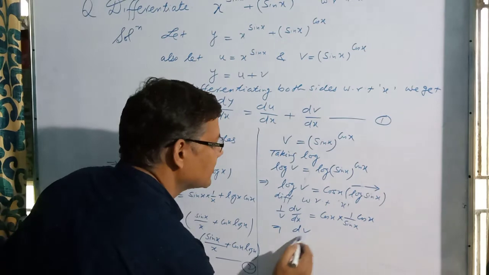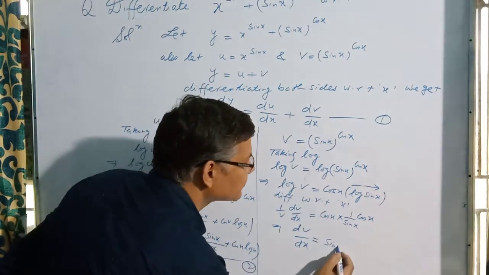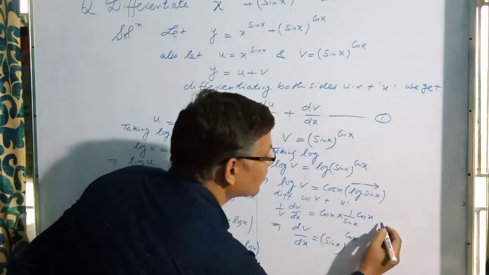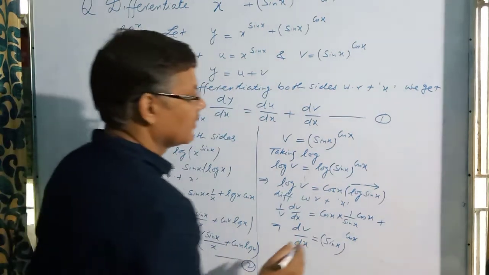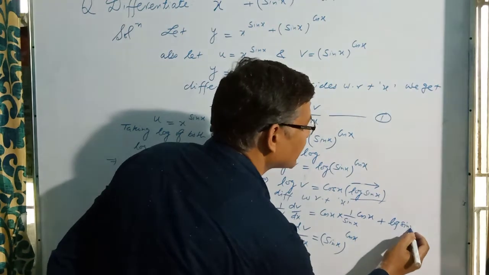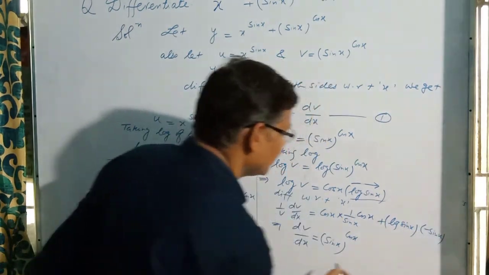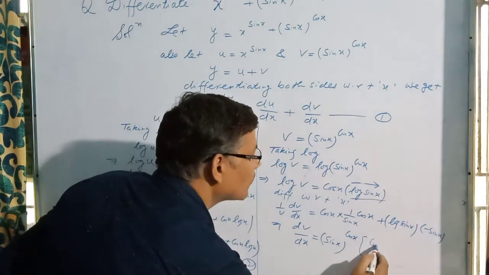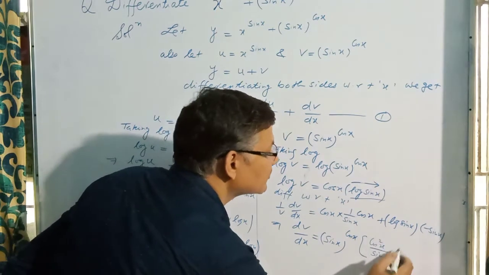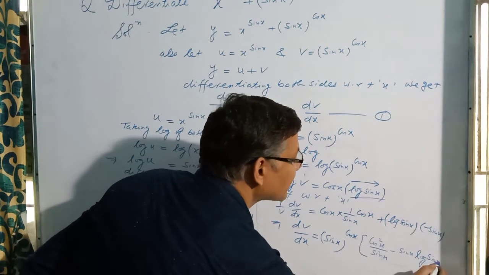It implies dv by dx is equal to, cross multiplying, v, that is sin x whole power cos x, into one more step, plus log of sin x into the derivative of cos x. What is the derivative of cos x? It is minus sin x. So we get cos square x by sin x, plus minus sin x log of sin x.